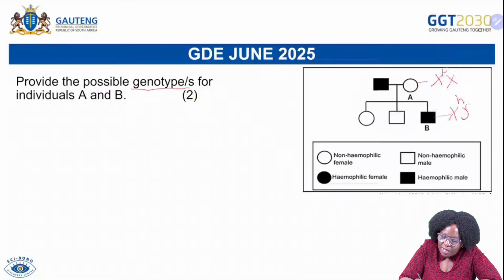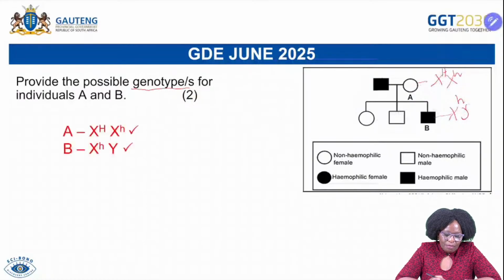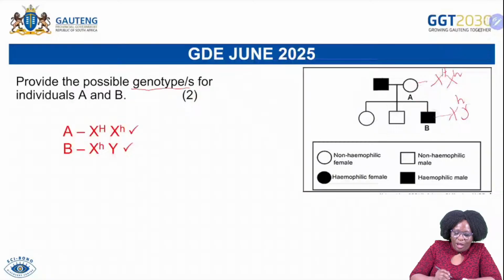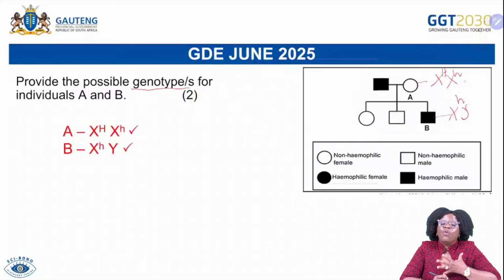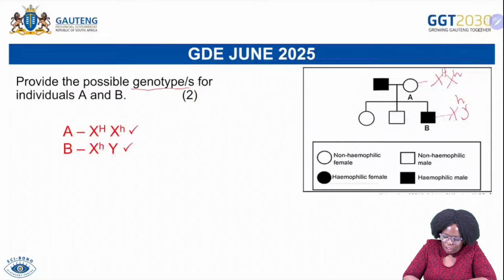So this female is heterozygous. But then our answer is not heterozygous or homozygous. Let us look at the possible genotypes of individuals A and B. Yes, we got it right. So A, as per indication here, is heterozygous, but now we wanted the actual genotypes, and B is a male, so you can see that B is carrying the small h. Beautiful.